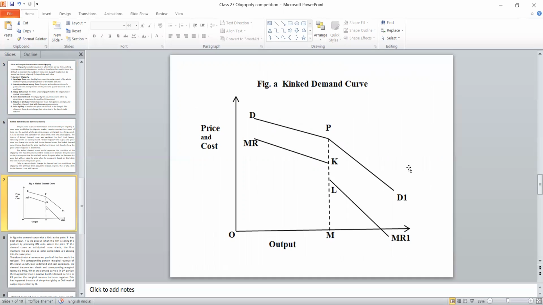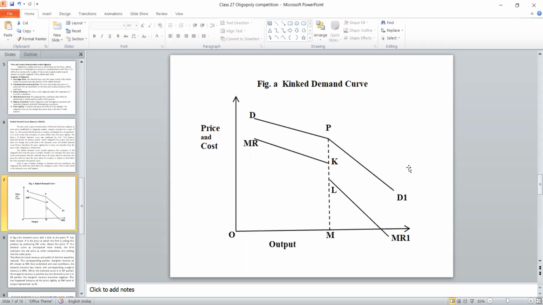The first one, MR, is going straight. The second market has an MR1. So when we have that particular phase at the level of OM, level of output, there will be a kink. Kink means a break. The MR curve will be MRK, KL, and LMR1.